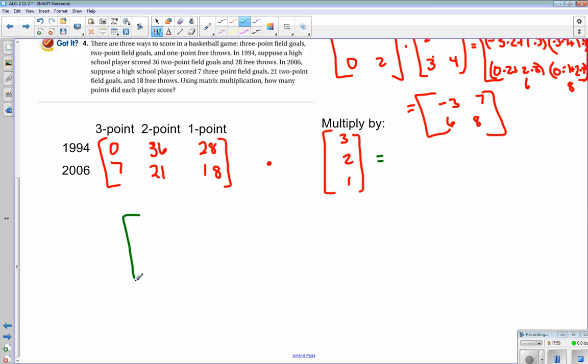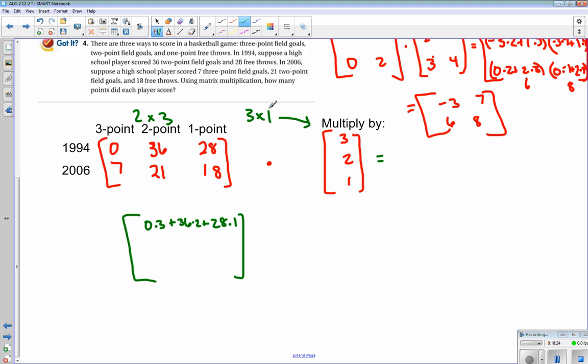So, as a result, this is a 3 by 2 matrix, and we're multiplying it. Actually, it's the opposite. Okay, so this is a 2 by 3 matrix, and this guy right here is a 3 by 1 matrix.